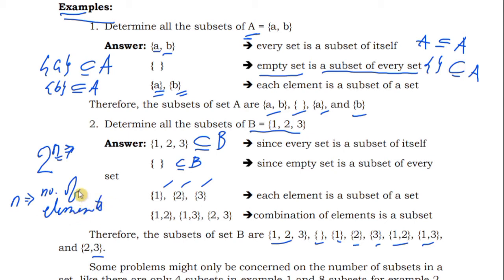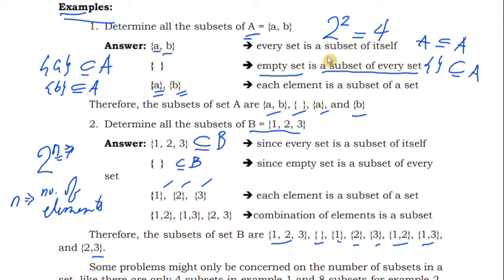Let's see how many elements are in set A. Set A is composed of elements A, B. So we have 2 elements, 2 to the second power, which is 2 times 2, and that is 4.